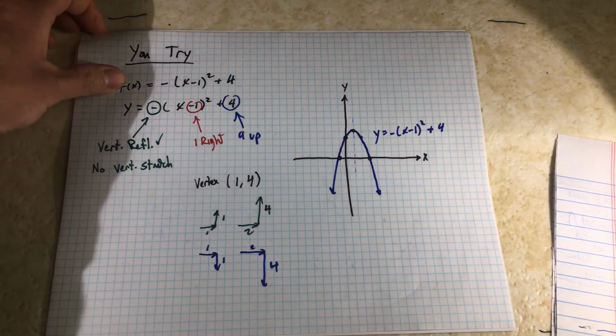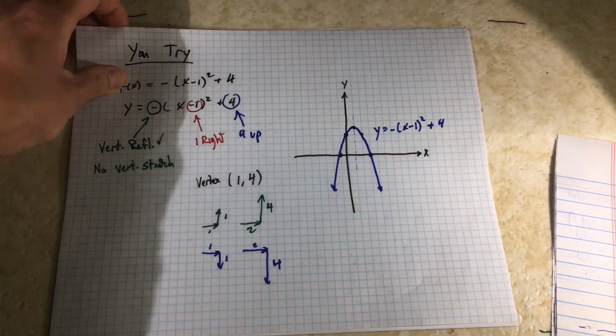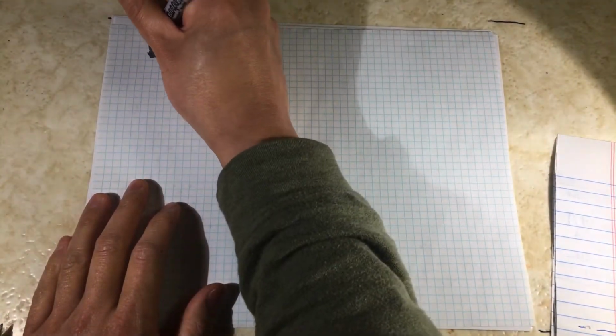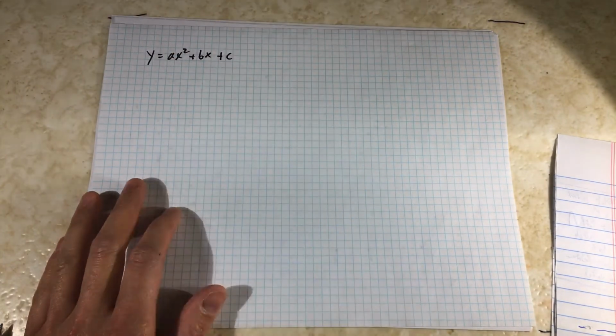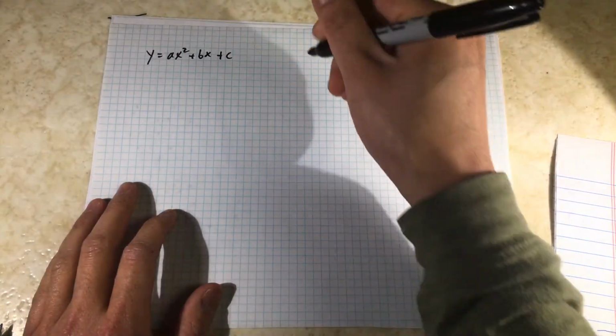All right, so the next thing I'm going to do is give you some examples similar to what you're asked to do on your homework. What I'm going to give you in the homework is something in this form, and I'm going to ask you to do 2 things.